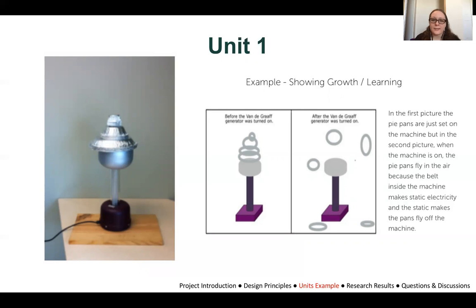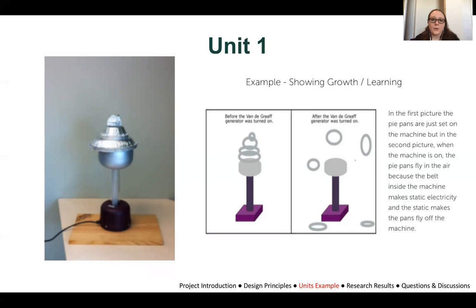If you've not seen this demo before, you can look in the curriculum, but essentially if you plug in the Van de Graaff generator, it will start to build up charge. The charge will move to the pie plates. And once the pie plates and the Van de Graaff have the same charge, they will repel off the top and kind of blow off the top of it.